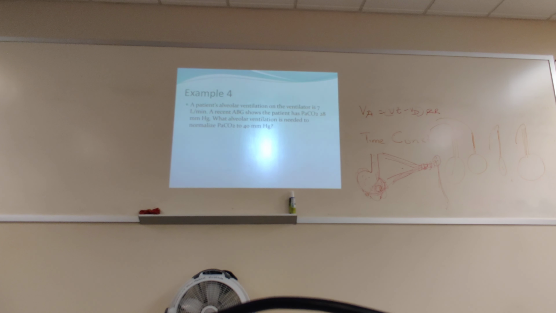Number 4, a patient's alveolar ventilation on the ventilator is 7 liters per minute. Recent ABG shows the patient has PCO2 of 28. What alveolar ventilation is needed to normalize CO2 to 40? The same formula.